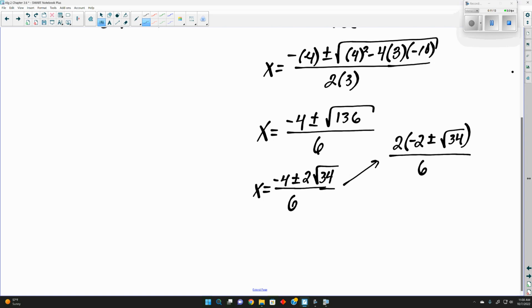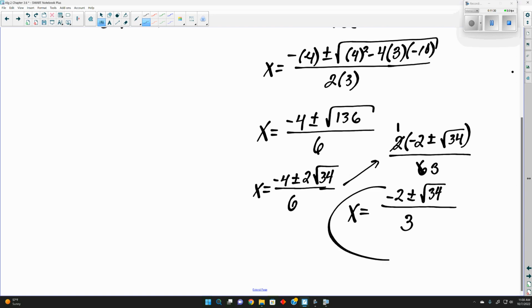Because all I did was pull that factor of 2 out. 2 over 6 would reduce to 1 over 3, telling me I have -2 plus or minus the square root of 34 over 3. And that would be the final answer.